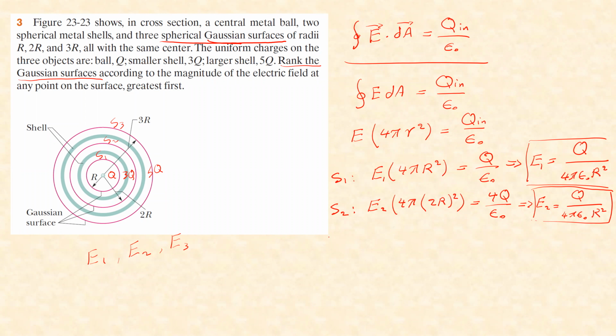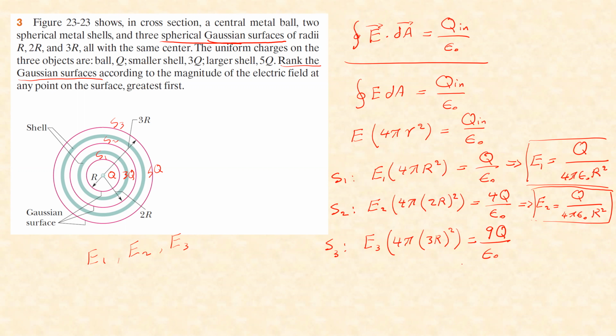And what do I get if I write that for S3? It becomes E3 times 4 pi. What is the radius? 3r. 3r squared, right? Equal to 5Q on the outer shell and 4Q on these, 9Q, sorry, 9Q over epsilon naught.